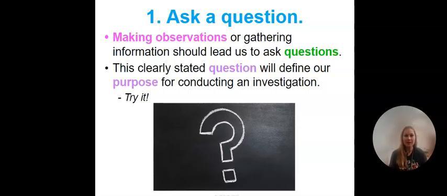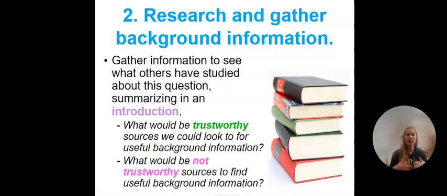Making these observations and gathering this information typically leads us to ask some type of question, like what causes it to rain, or why did it rain here but not over there? These questions will help define the purpose of your lab or your investigation. The next step is typically to do some research or gather background information.